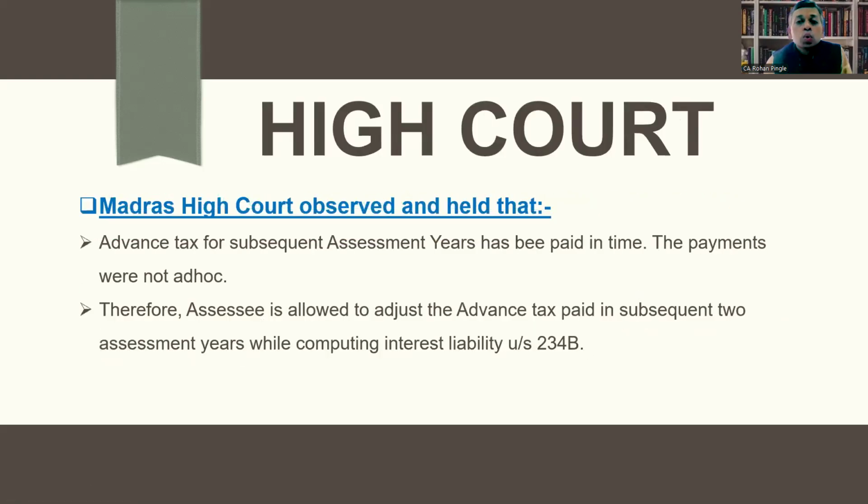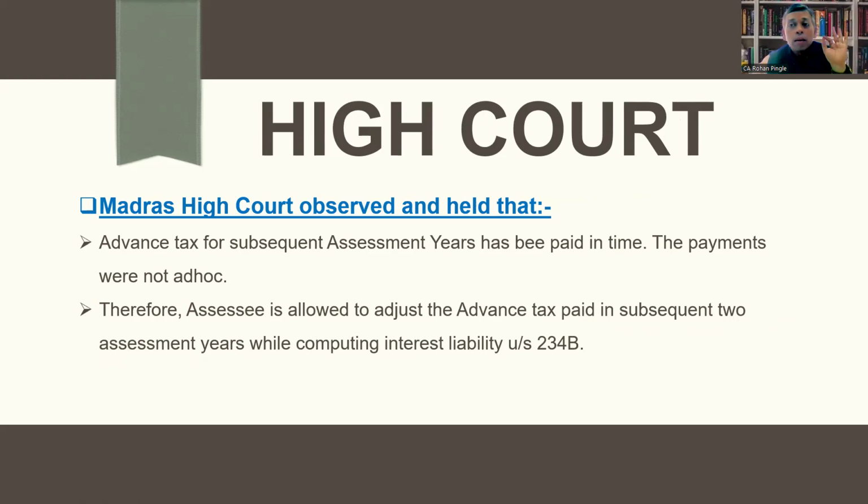The Madras High Court observed and held that advance tax for subsequent years had been paid in time. The payments were not ad hoc. Advance tax for subsequent assessment years had been paid in time and the payments were not ad hoc.